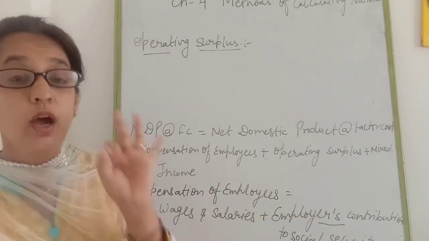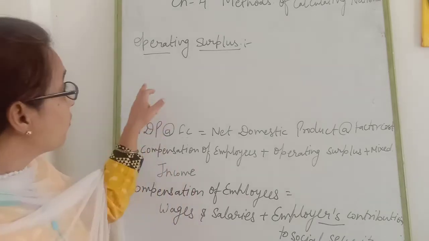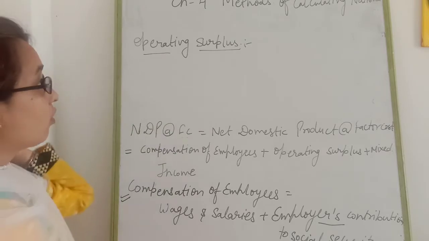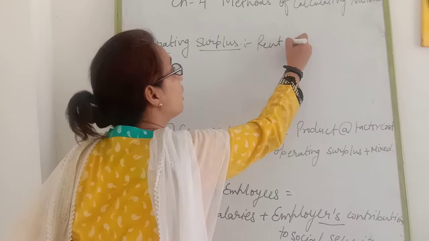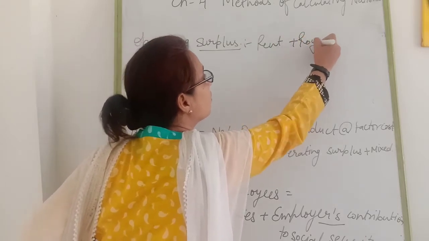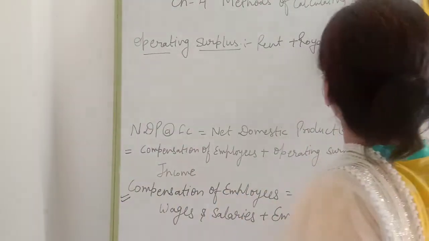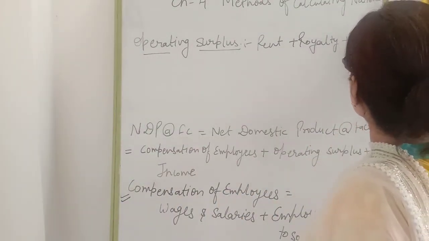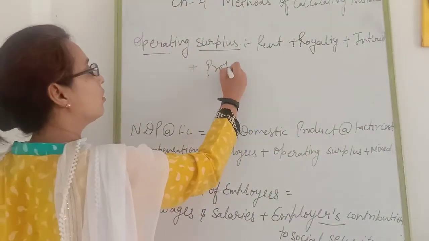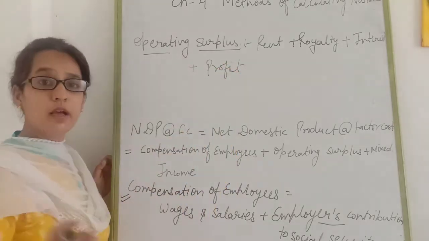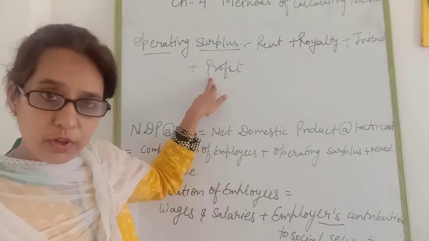But if it is not given, then we have to calculate it. The formula is rent plus royalty plus interest plus profit. Clear? Rent plus royalty plus interest plus profit.